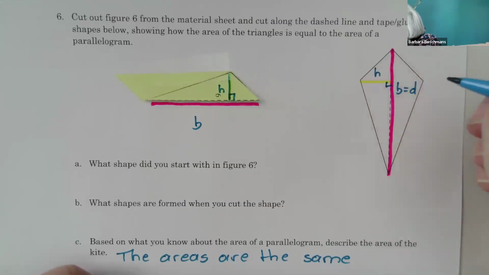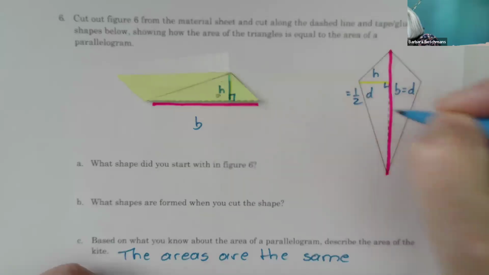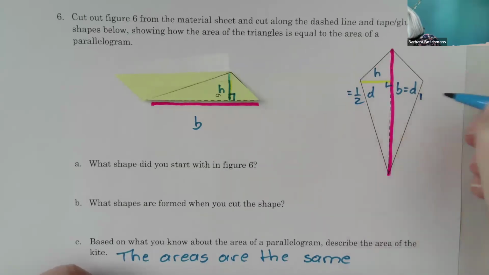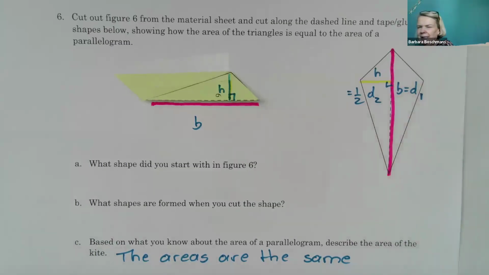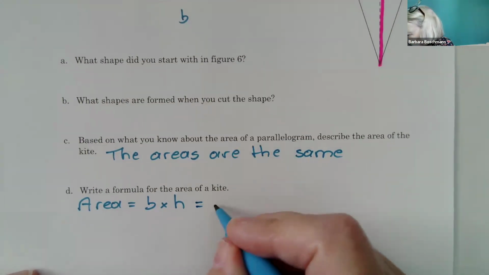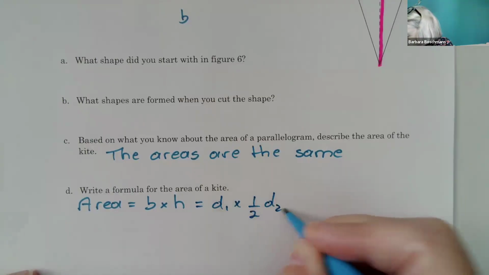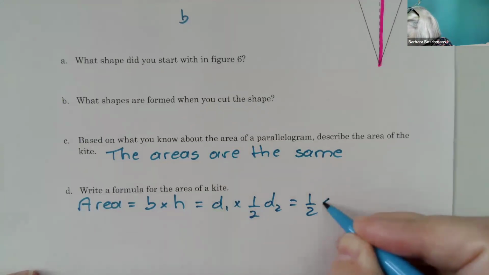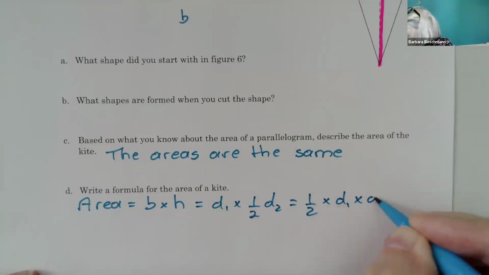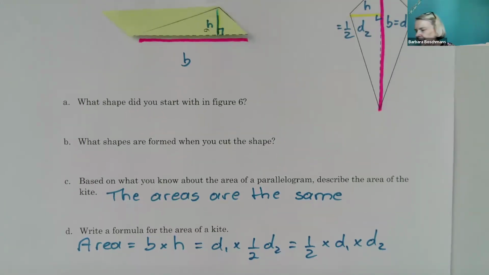It's that 90-degree angle. And then again, it is equal to 1/2 the diagonal. So for clarity, we're going to call it D1 and D2. And look, the base is diagonal 1. The height is 1/2 of diagonal 2, and you get 1/2 of diagonal 1 times diagonal 2. And that would be the area formula for the kite.